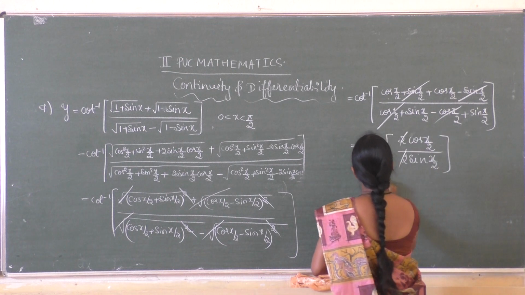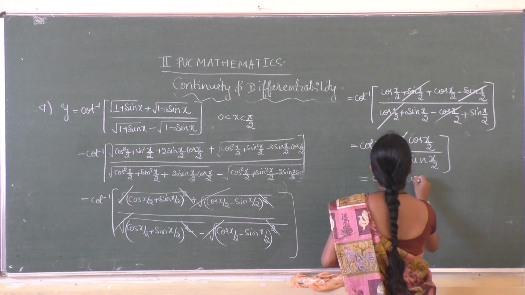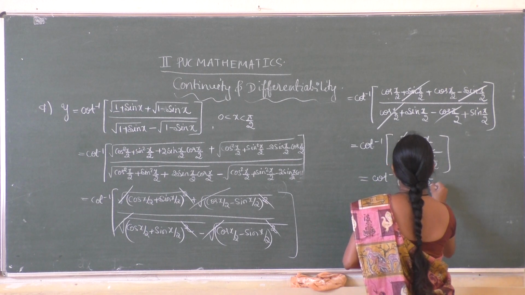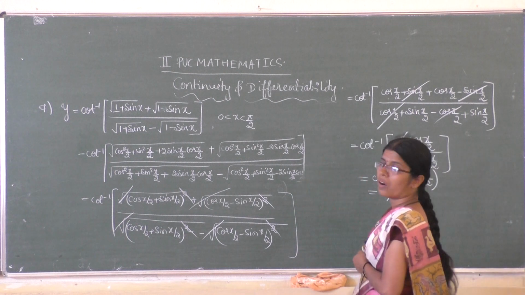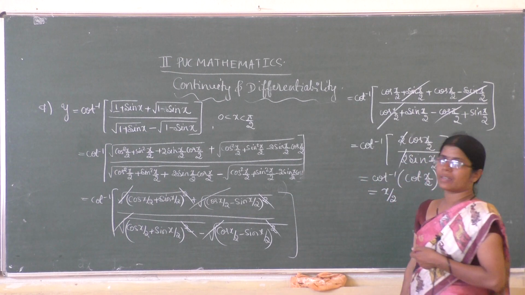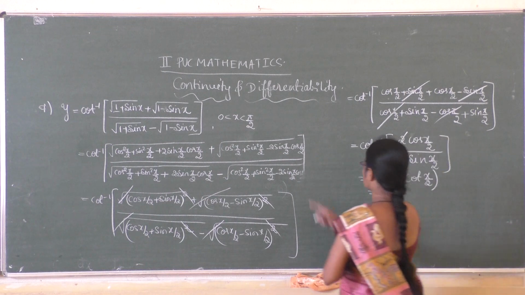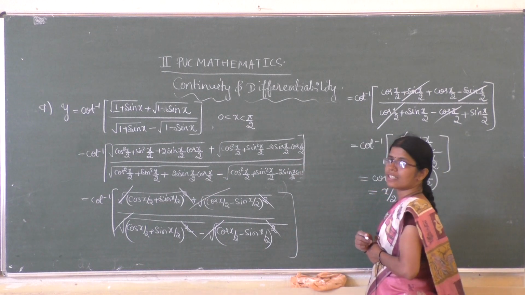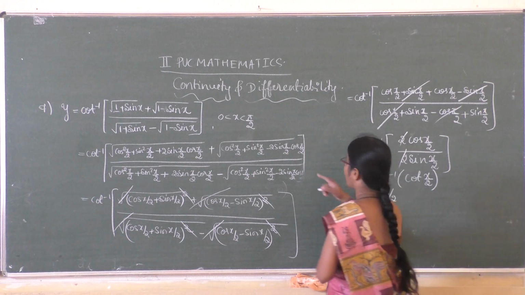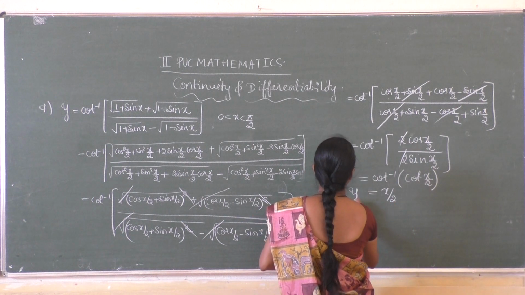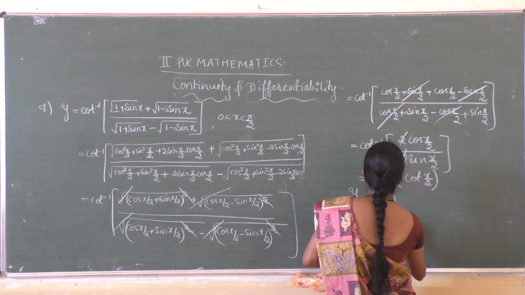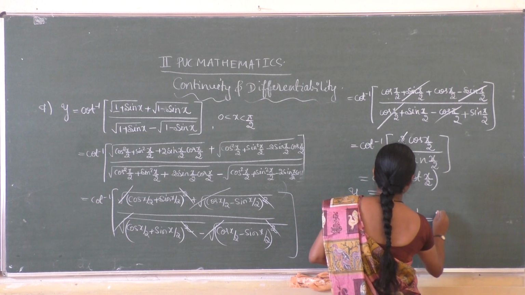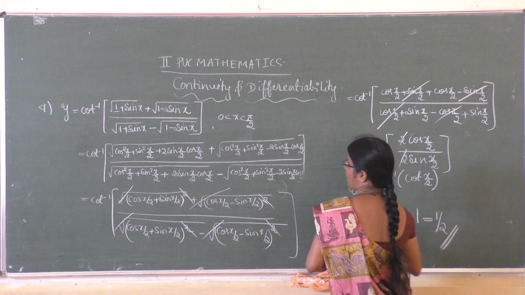So cot inverse of cot x by 2, that is x by 2, because x always lies between 0 and pi by 2. Okay, so this is y. So dy by dx is equal to half, constant, and the derivative of x is 1, that is equal to half.